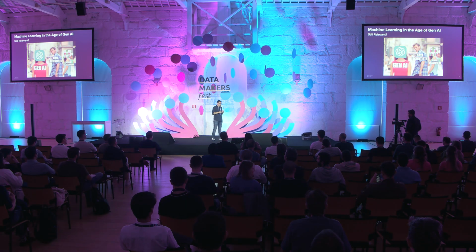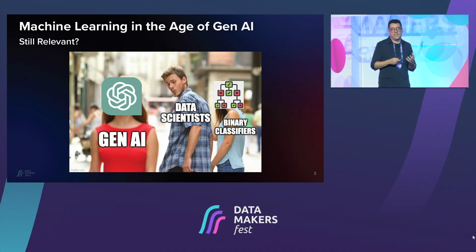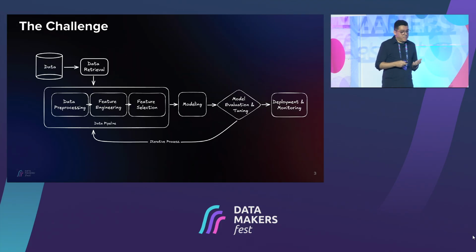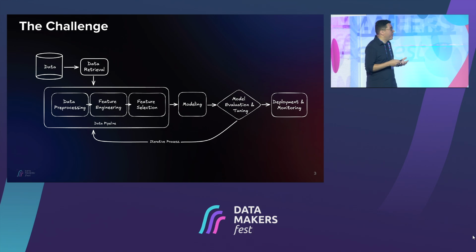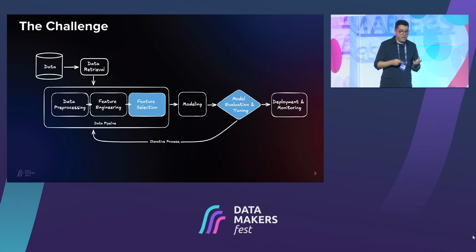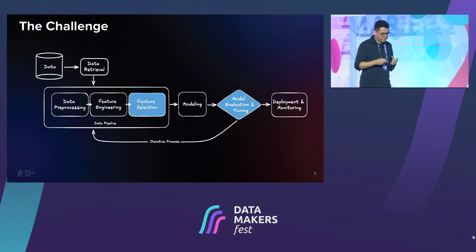Now let's see what are the challenges that we are aiming at here by optimizing these two key steps within our machine learning pipelines. And when we look at a typical machine learning pipeline, we see that it's composed, of course, of several steps that are required to build a machine learning model. Among these steps, feature selection and hyperparameter tuning are really crucial ones.